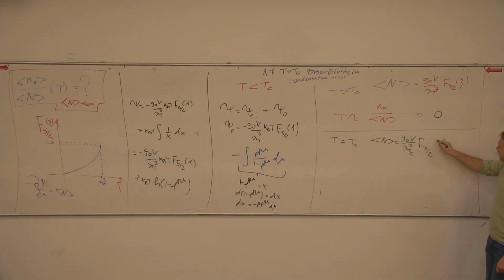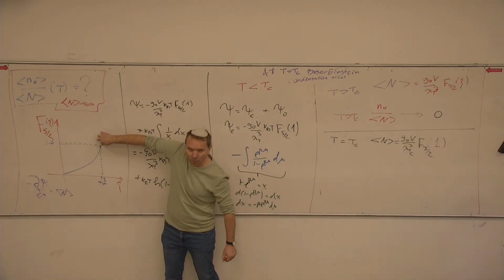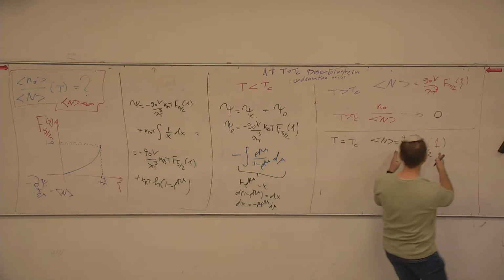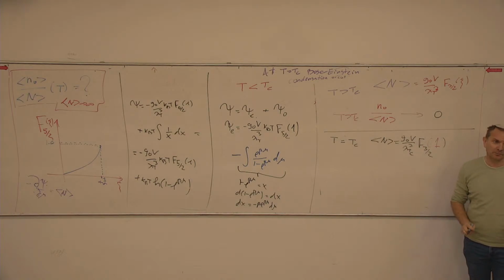Exactly 1. I can ask, why is it not exactly 1, etc.? I'm saying, you're near this point. You neglected something. So it's a huge number plus something small. Forget about this something small. It's just f 3/2 of 1, which is 2.31. Maybe it's 2.31000002. You don't care.